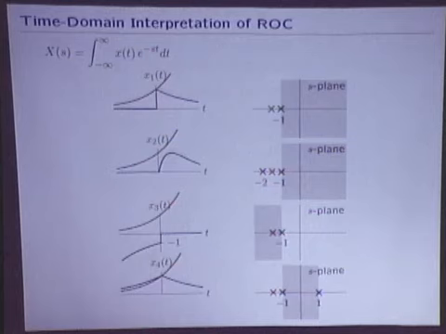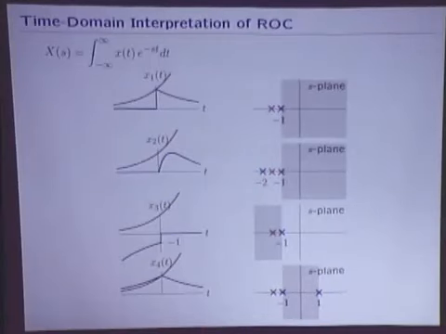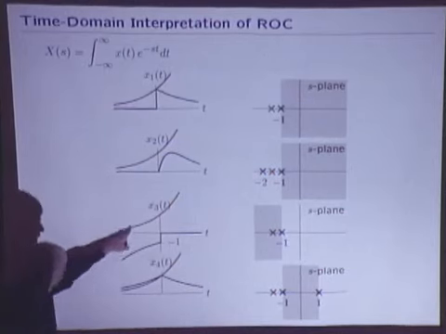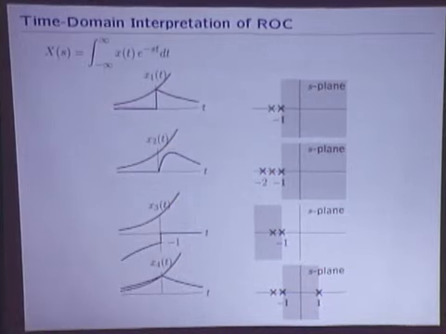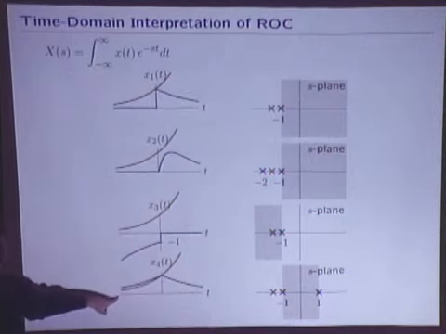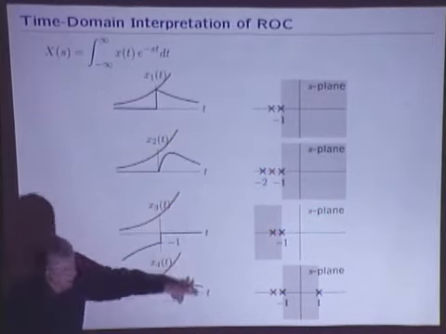Similarly here, I'm not in the region because I've made it fast enough that one of the parts diverges. One of the parts converges, but they have to both converge in order for the integral to converge. Here, I have finally made the left-hand side convergent enough to make the product converge. So that's fine. And here, this is accelerating so fast that although it was stabilizing here, it became non-convergent over here.